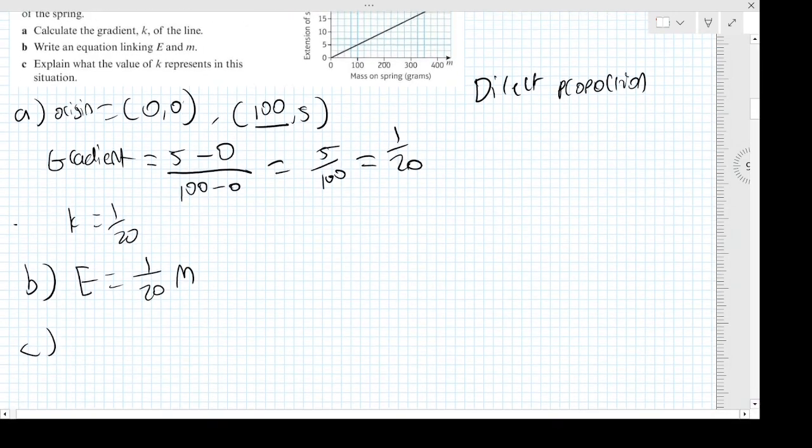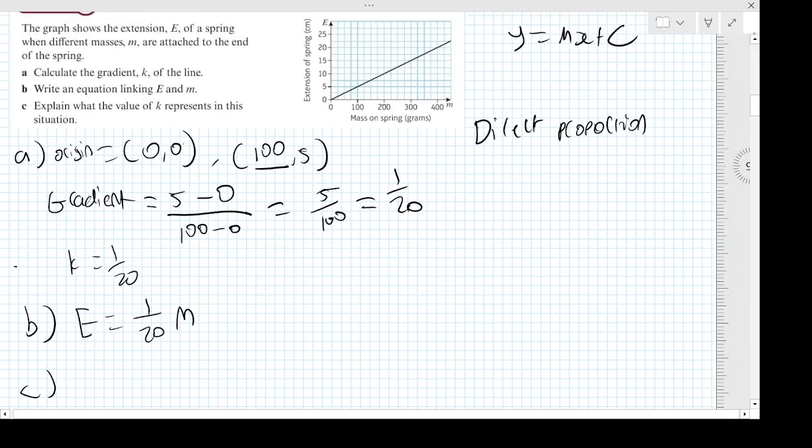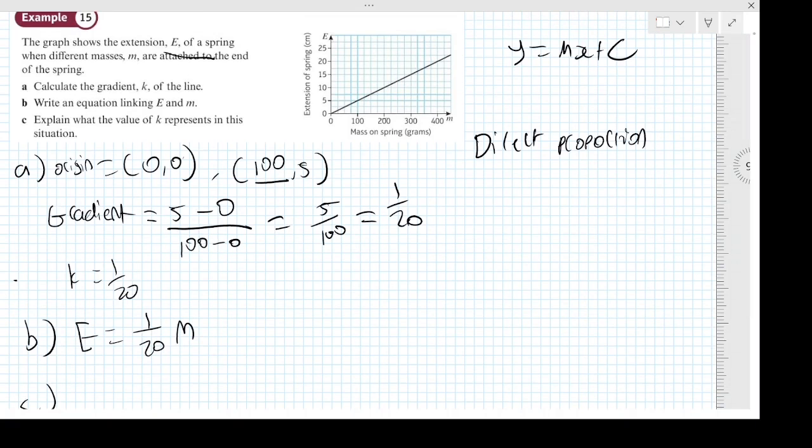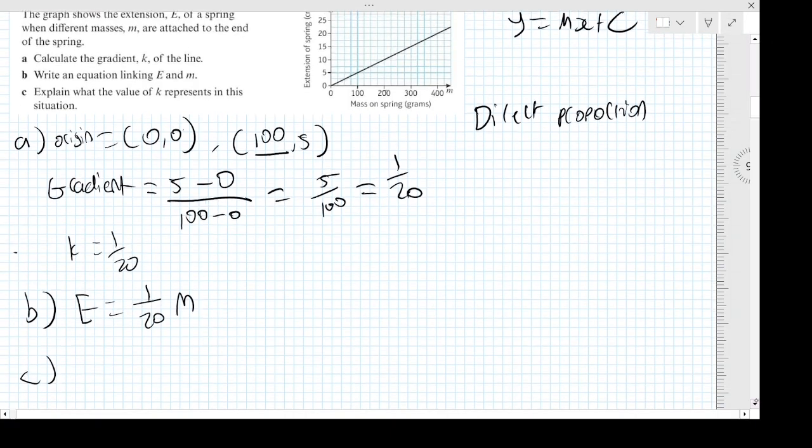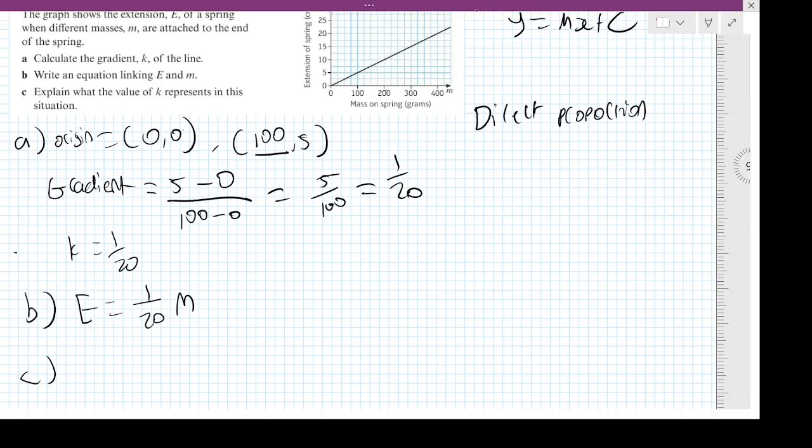But anyway, even if you don't know anything that's going on, we can just use the sentence it gives us. Well, the gradient is, as I discussed, as x goes up by 1, well, as m goes up by 1. So as we increase m by 1, but what's m? Let's use what it tells us. It's mass.